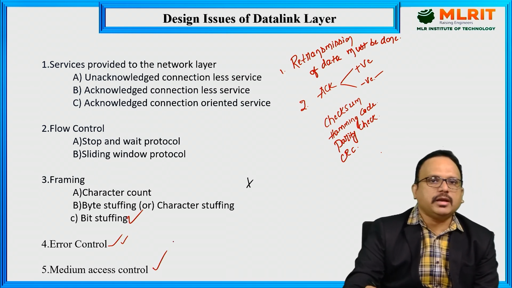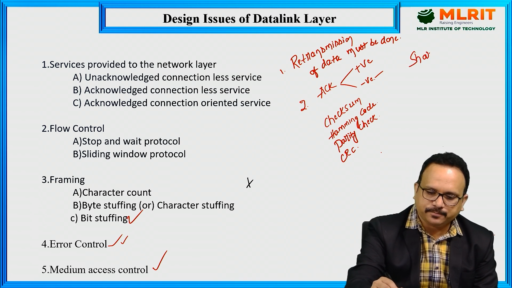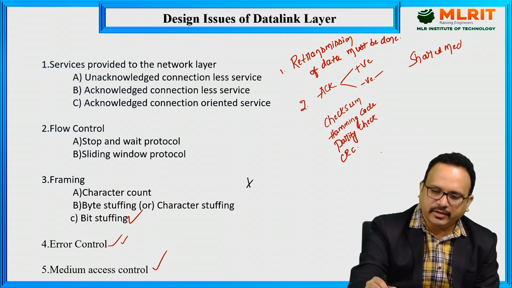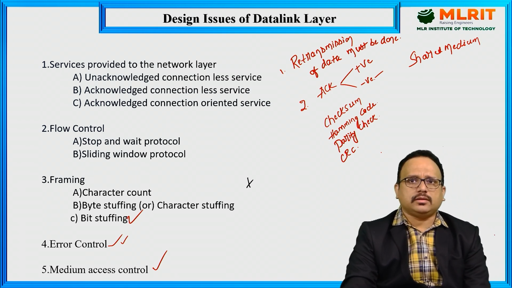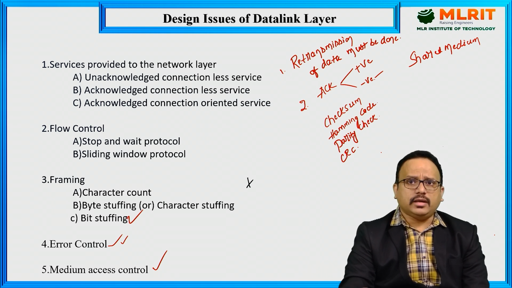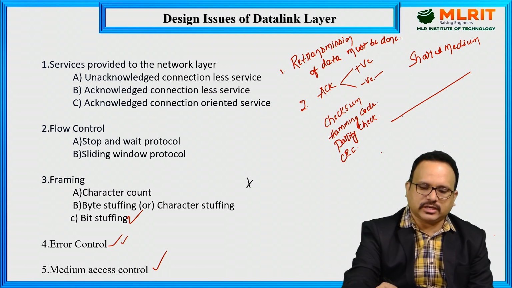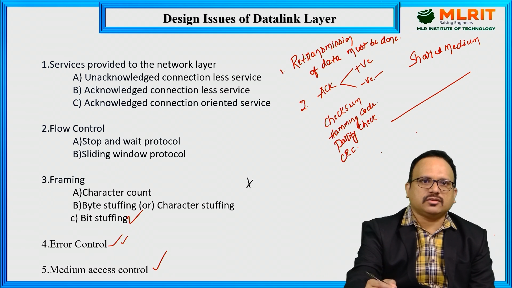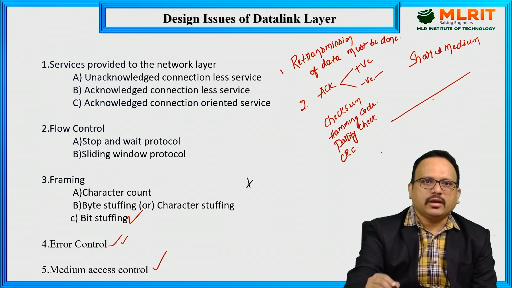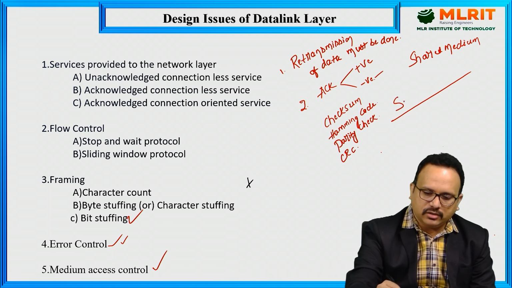And the other one is medium access control. Medium here means a shared medium or communication channel medium. For example, what does medium access control mean? If two or more systems or stations are competing with each other to access this particular communication channel, for example, if two or more systems are competing to access this shared medium, which station must be given the highest priority, station 1 or station 2?